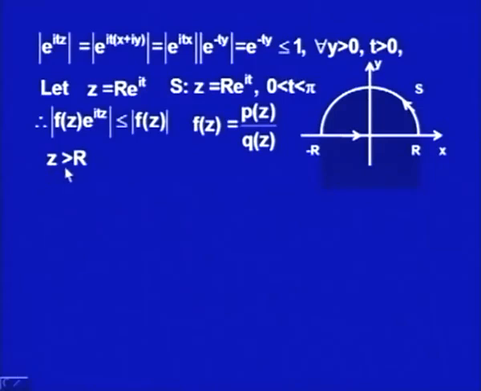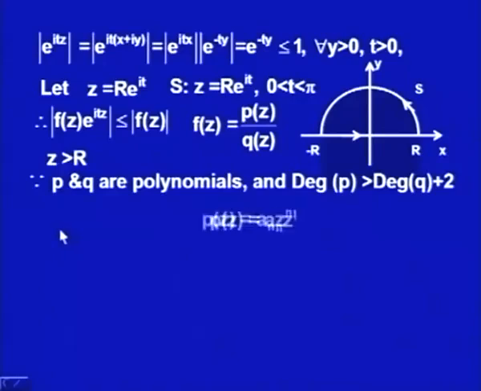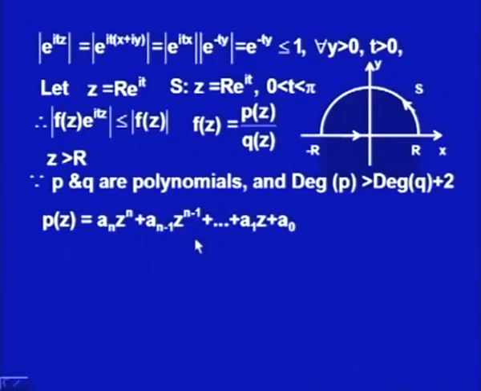So, again as in the previous method, for mod z greater than r, let us say p is a polynomial of degree n, then p z we could write as a n z to the power n plus a n minus 1 z to the power n minus 1 and so on, plus a 1 z plus a naught.